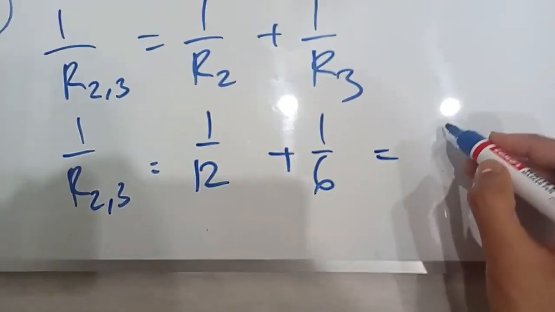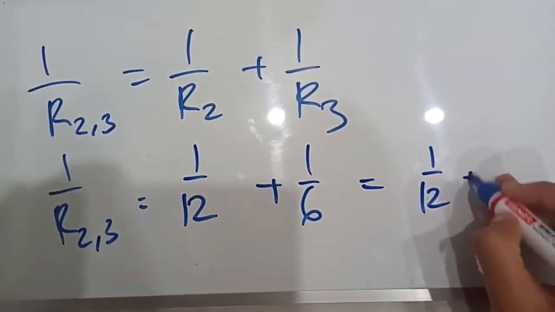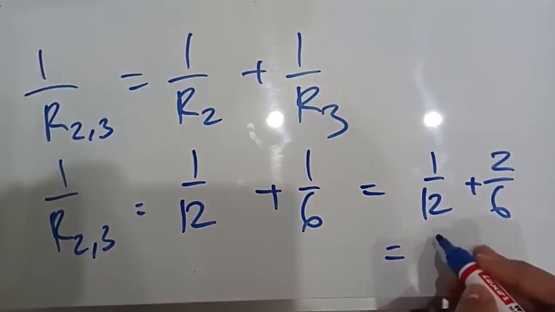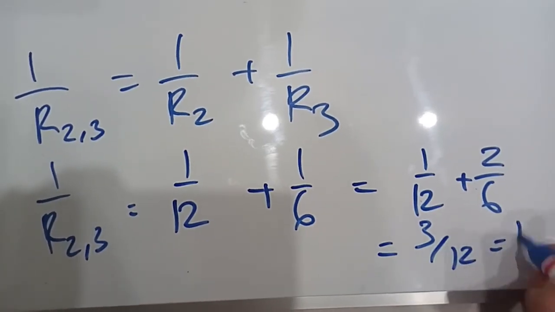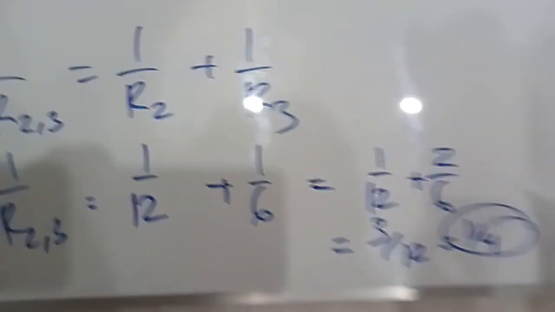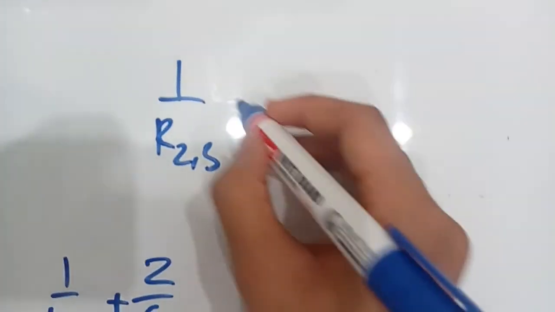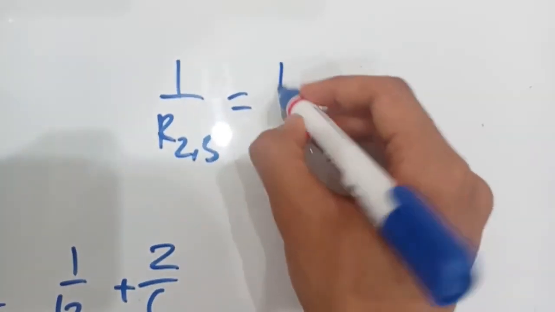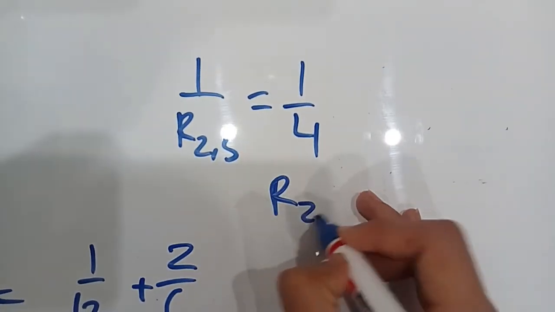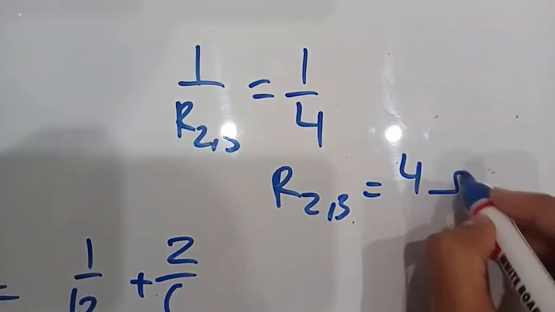Now, we can rewrite this as 1 over 12 plus 2 over 12, which is 3 over 12, which is 1 over 4. So 1 over resistance 2,3 equals 1 over 4 ohms. So resistance 2,3 equals 4 ohms.